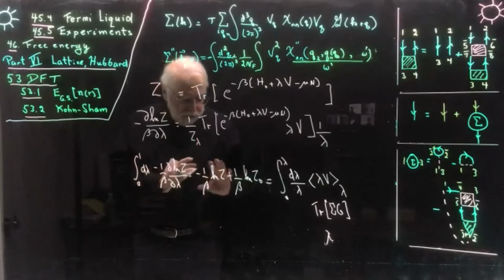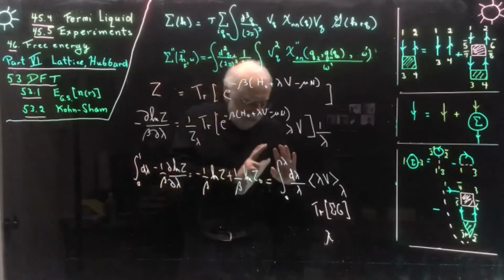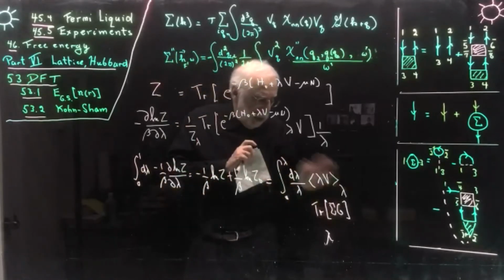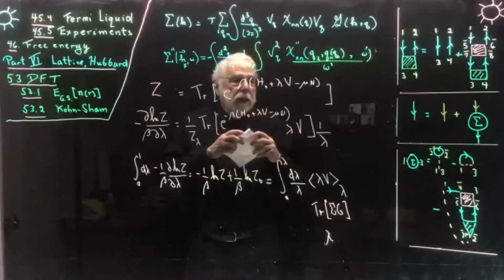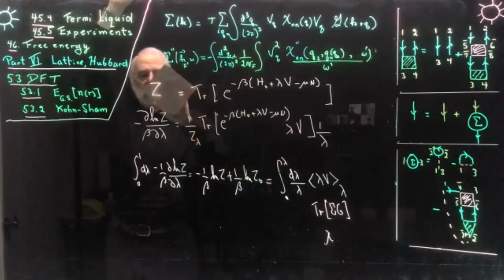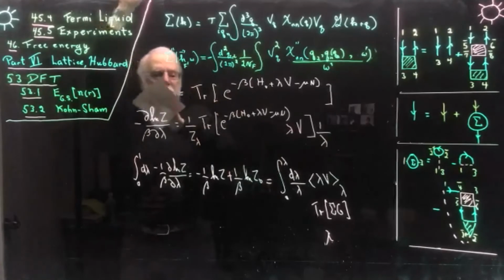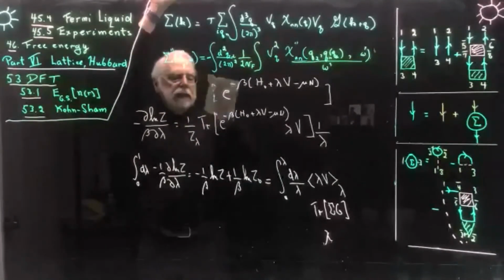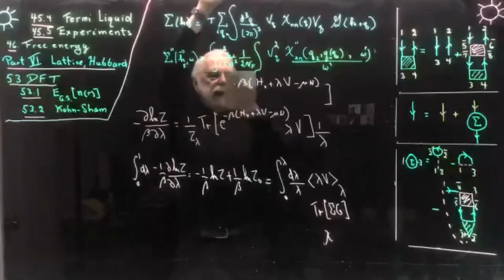So I have log z is equal to, whoops, I have a clear sign mistake here. So I have the free energy is equal to the non-interacting free energy plus this coupling constant integration. I think this trick is due to Pauli. I'm not sure, but it is widely used.